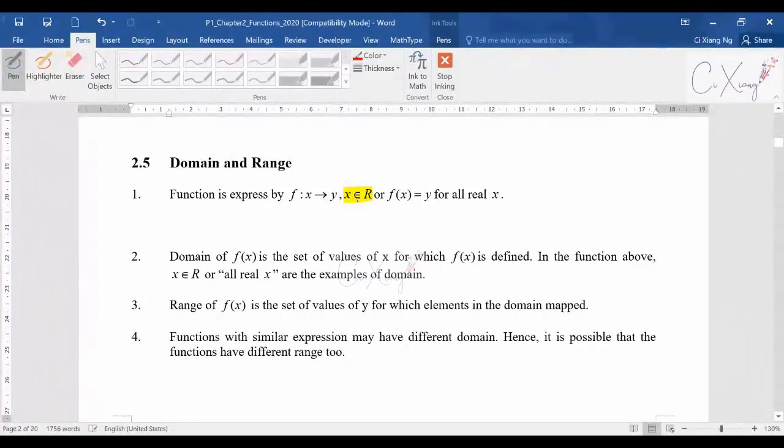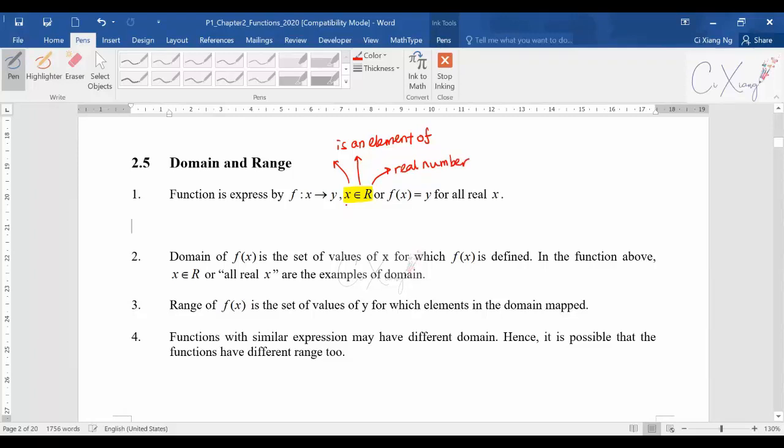This is actually the domain given by the question. When they write the domain, they will say this is x. So what is this symbol here? This symbol here means an element of. R means the real numbers.